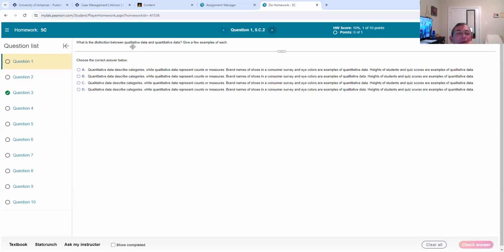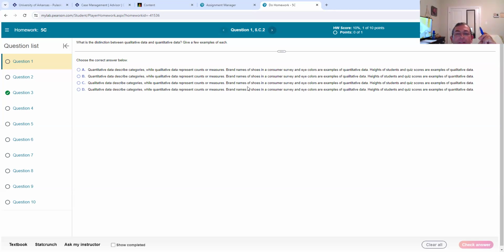So what is this distinction between qualitative and quantitative data? So we said quantitative data describe categories. Quantitative was the measures. So they're starting off, quantitative describes categories. Well, that's false. So it's got to be C or D. Qualitative describes categories, while quantitative describes counts or measures.